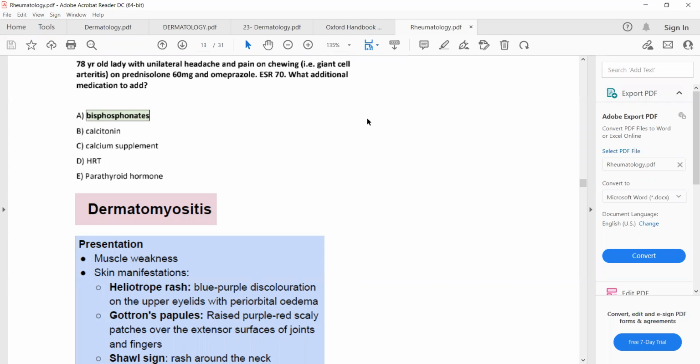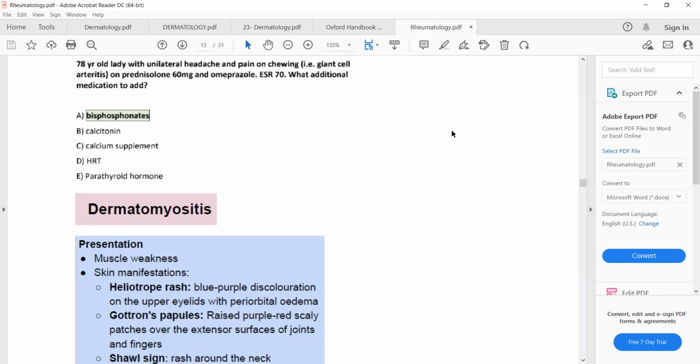Question: Will ESR also be raised in polymyositis, or is it only a feature of polymyalgia rheumatica? It will be raised in polymyalgia rheumatica, in polymyositis, in giant cell arteritis, in dermatomyositis. All of these are autoimmune or inflammatory conditions. So a raised ESR may be a feature of all of these diseases.